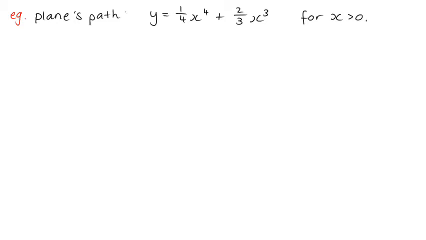Find the direction of motion when x equals 2. So direction of motion, what is it actually wanting? It's wanting a bearing actually. So we want to know the degrees bearing.